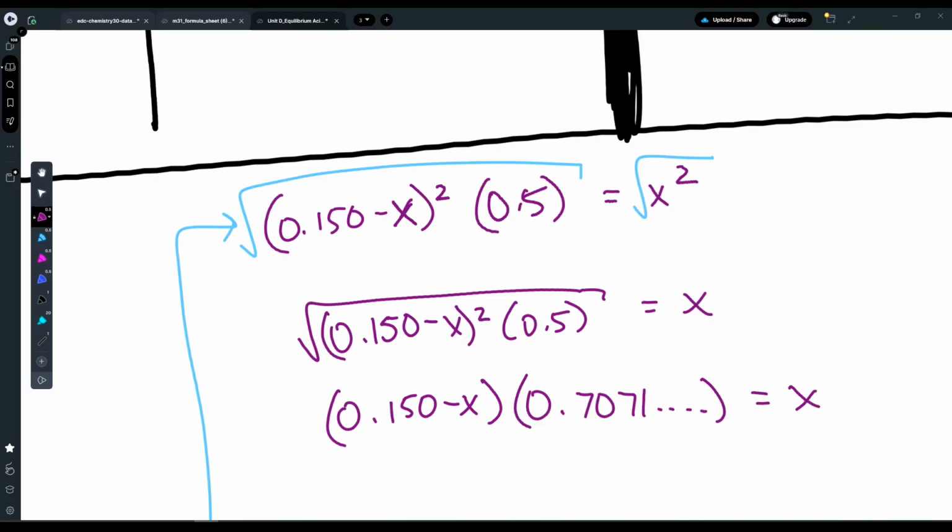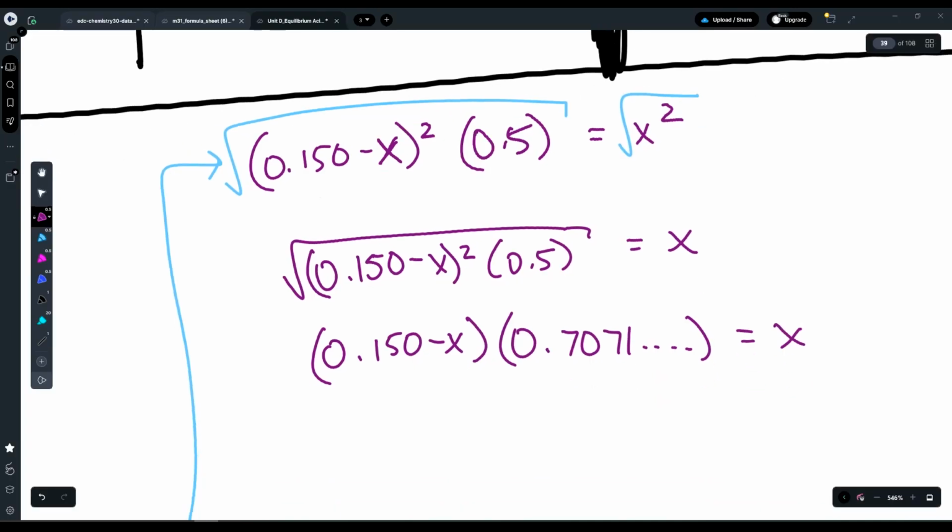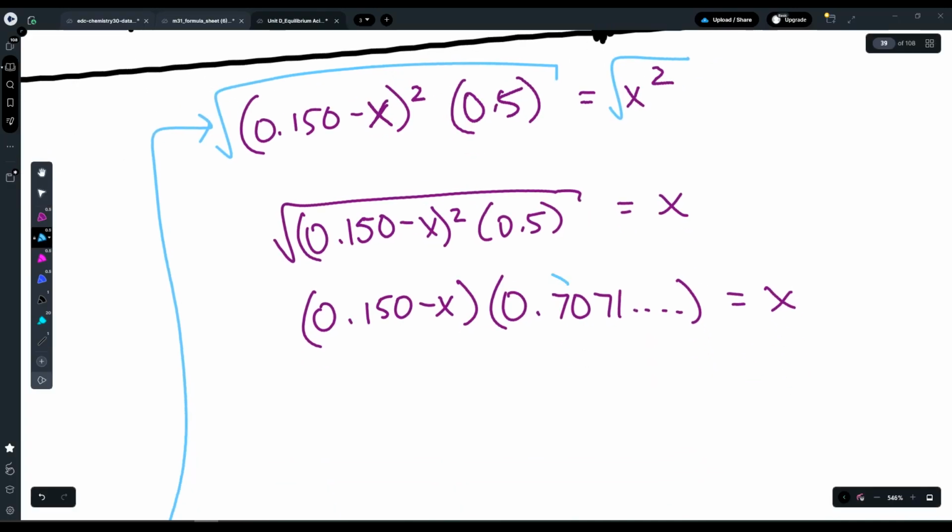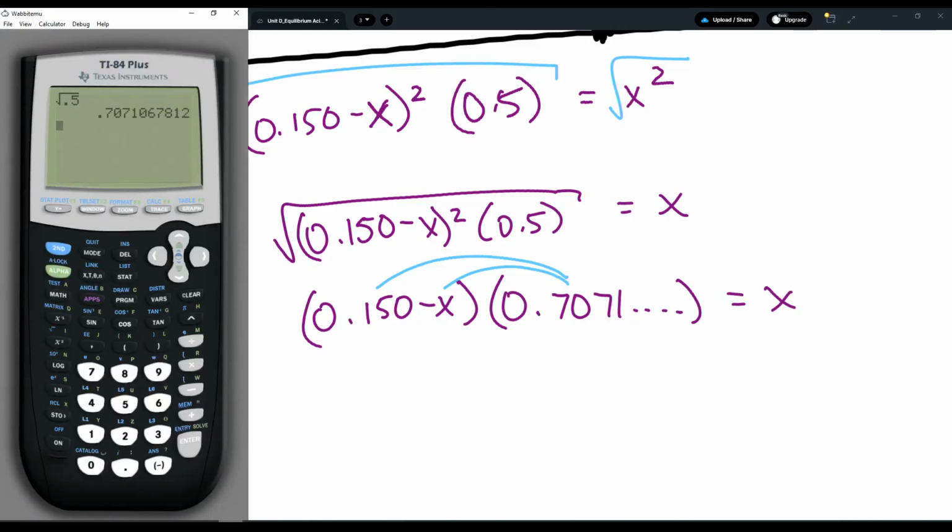Okay, so in my next calculations, I'm going to be using the raw unrounded number, and I'm going to distribute this in to this binomial here. Okay, so my number times by 0.15 is going to be equal to that.